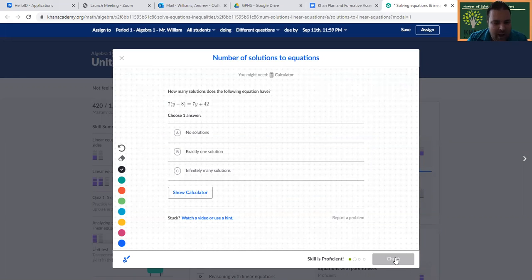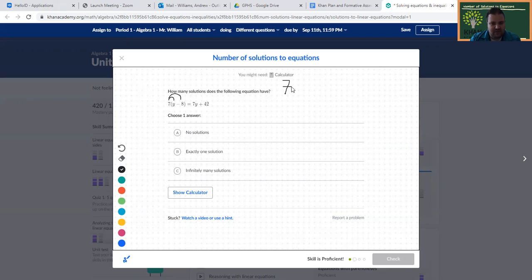All right, how many solutions does the following equation have? Same question, and so we're working with a lot of the things that we've already done, things like the distributive property, combining like terms. So we're distributing the 7 across parentheses.